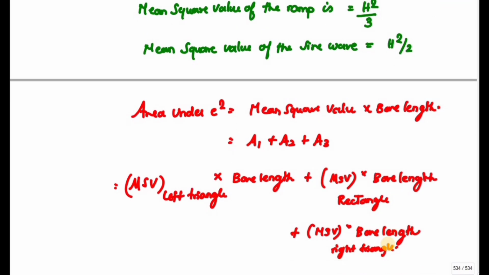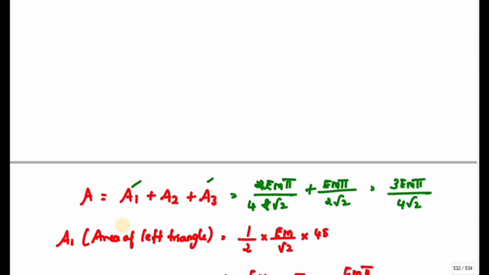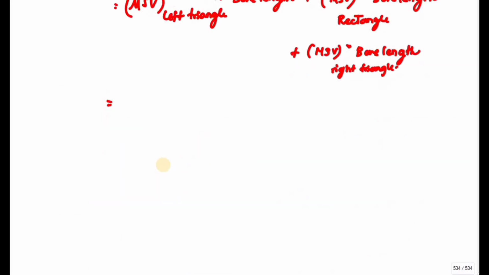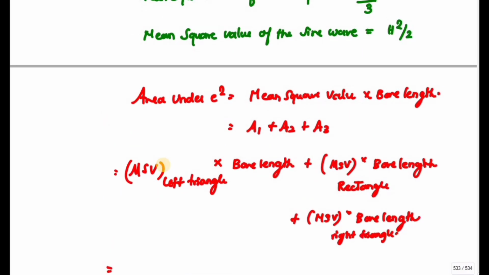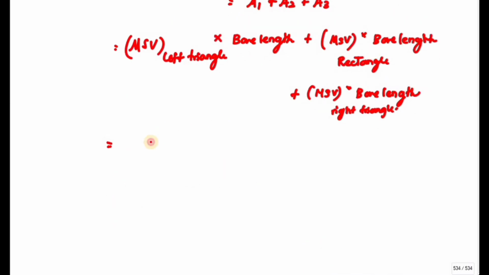So what will be the mean square value of the left triangle? The h value is Em by root 2. Since it is a ramp signal, it is h square divided by 3, right?